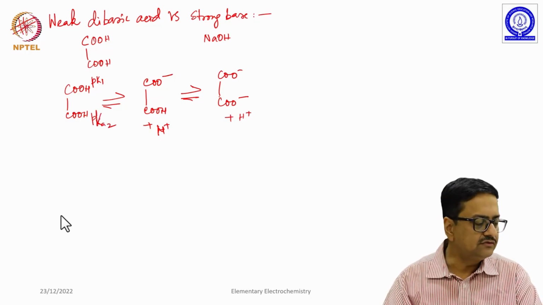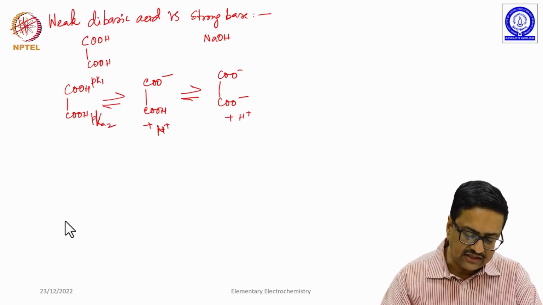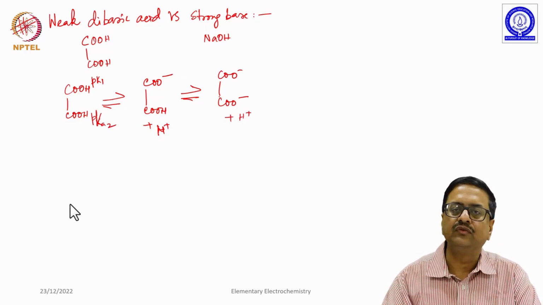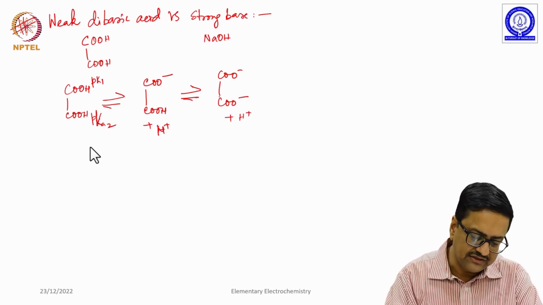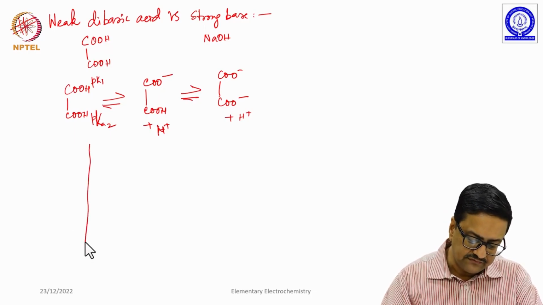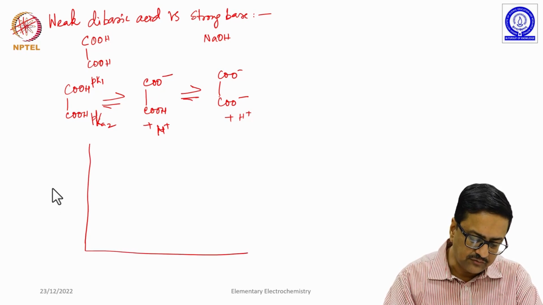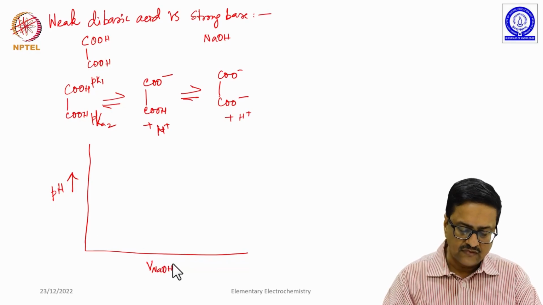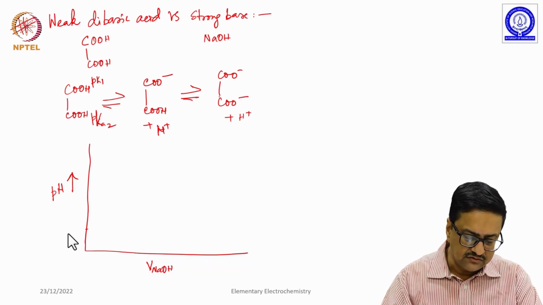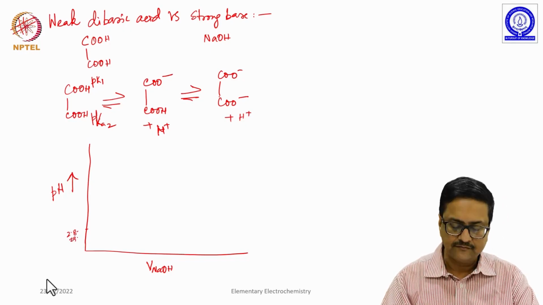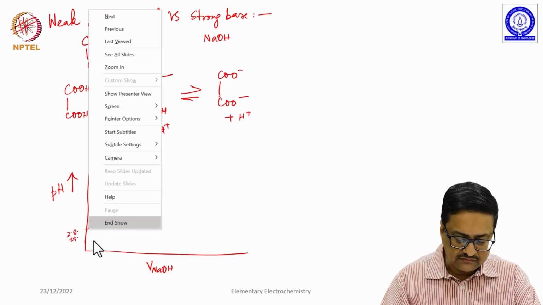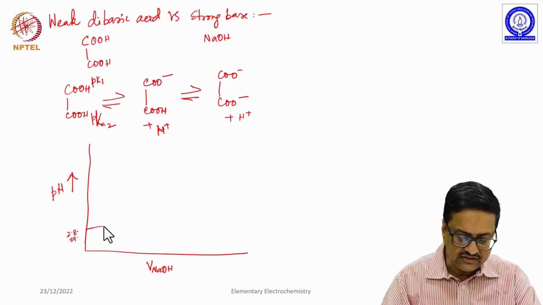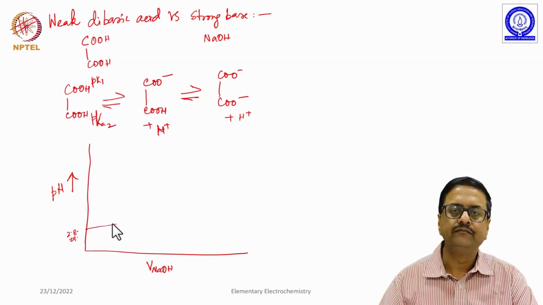Now, if we try to do this experiment as usual, as I described in the previous case with weak acid and strong base, what will happen? When I plot pH versus volume of NaOH, it will start around a pH of 2.8 to 2.9, and slowly you will see an increase in the pH.